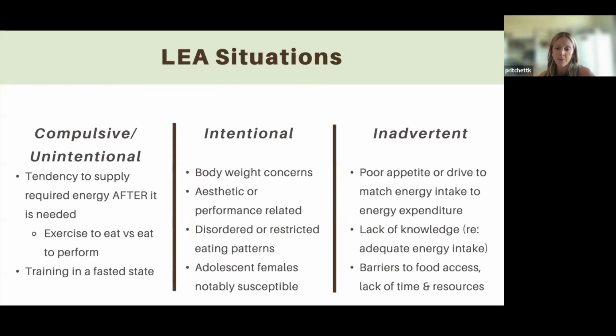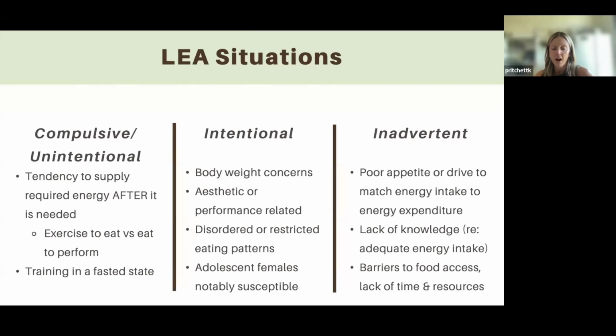This could be a lack of appetite or drive to match energy intake to energy expenditure. I think of a sport like cross country or track tends to blunt the appetite, especially after exercise when it's important to refuel. Could be lack of knowledge. So again, just this idea of how much energy they're expending in relation to energy intake.